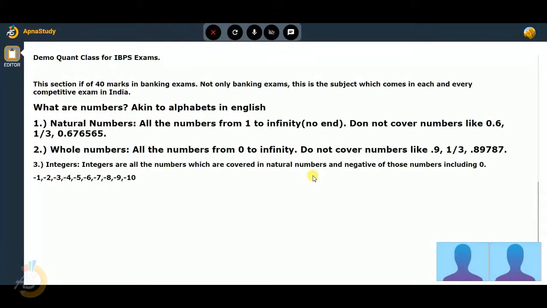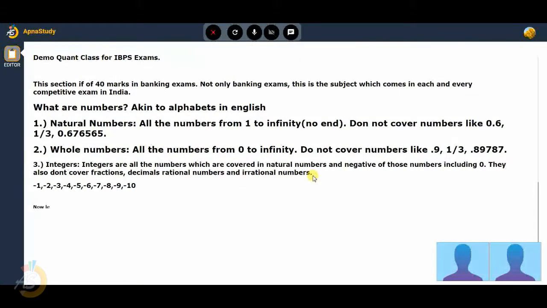But integers can include discrete negative values also, but they also don't cover fractions, decimals, rational numbers and irrational numbers. So integers are basically the set of natural numbers and the complementary, or we can say negative set of those numbers, including 0.